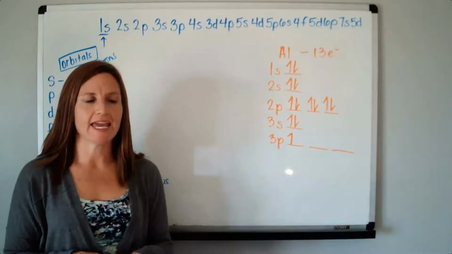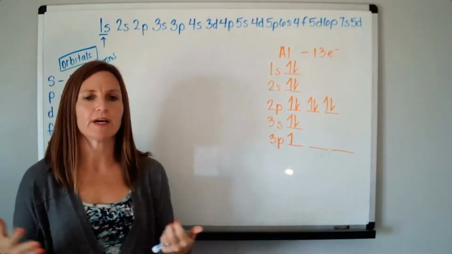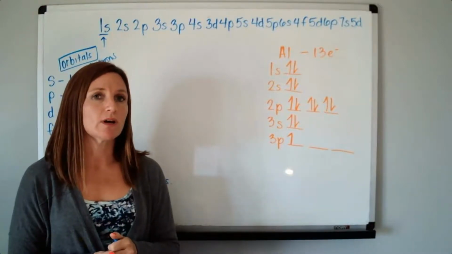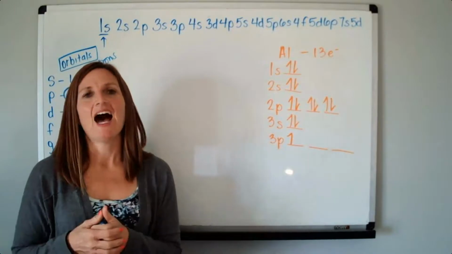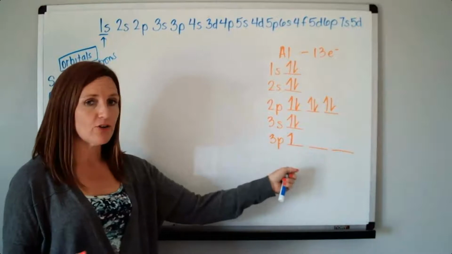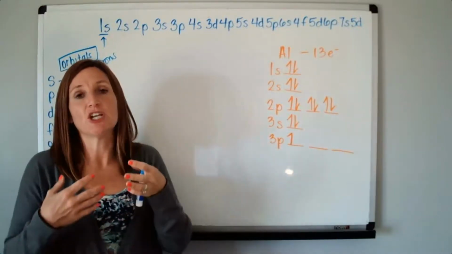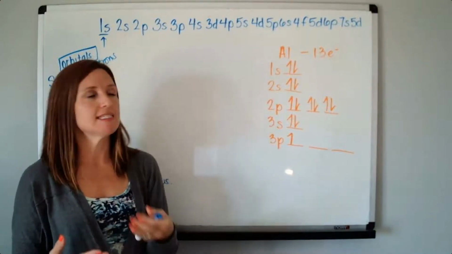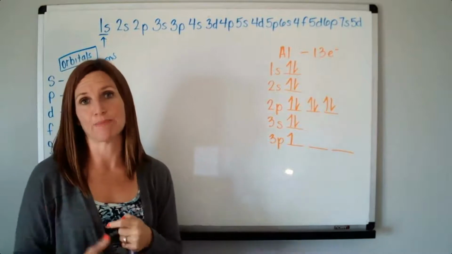But it still takes up a good amount of room, and it still is a little bit cumbersome to draw. So we're going to do a shorter shorthand that's called the electron configuration. So this is an orbital diagram of the electron configuration. For electron configuration notation, we're going to lose the underlines and arrows, and we're going to add an exponent.